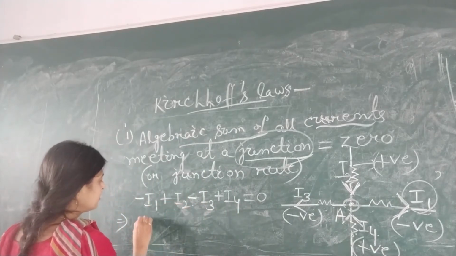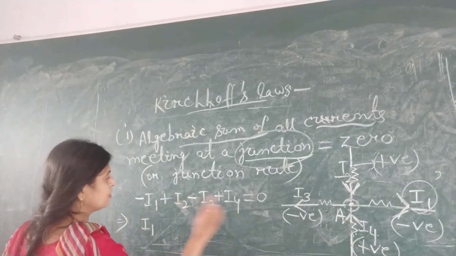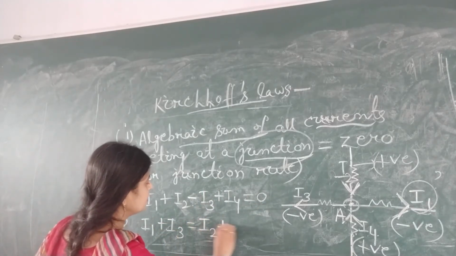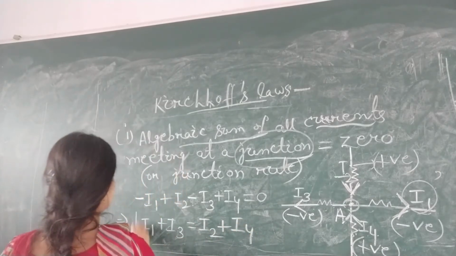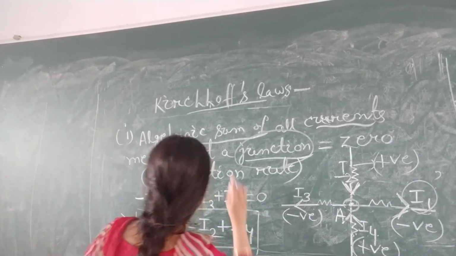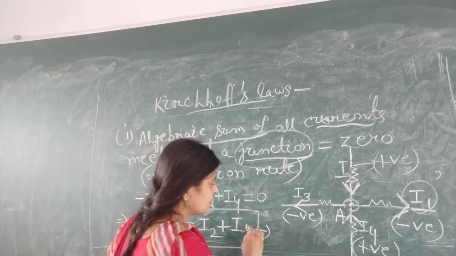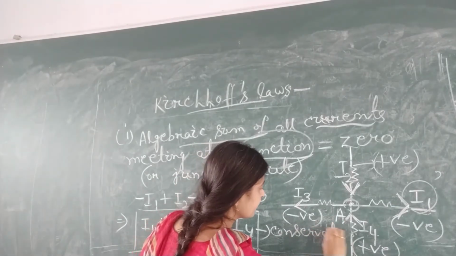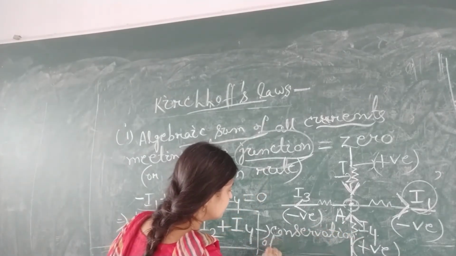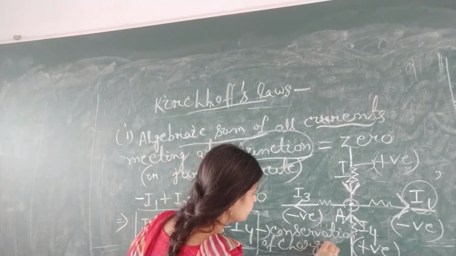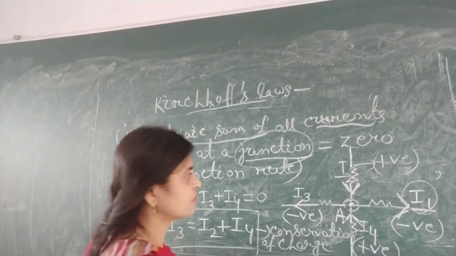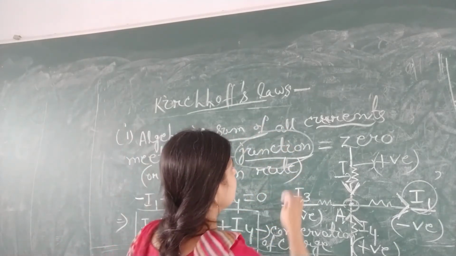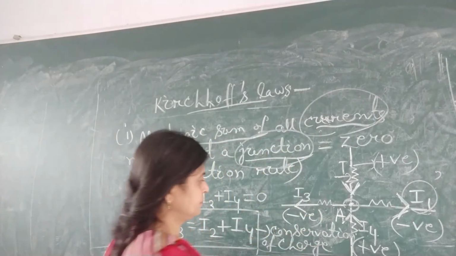Or you can write here I1 plus I3 is equal to I2 plus I4. So, this is your first law. And it is based on the conservation of charge, because according to the first law, we are discussing only currents.